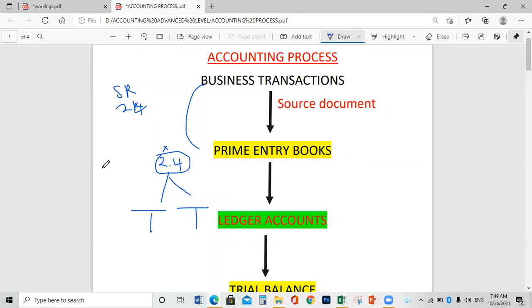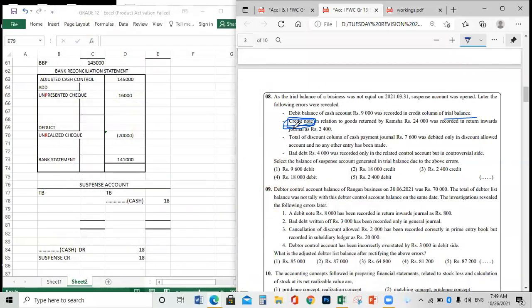The total is wrong because your source document was wrong. So you should understand both ledgers are wrong, not only one.